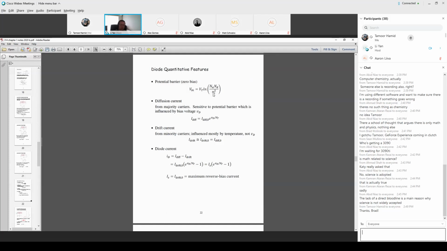This is temperature dependent. So under zero bias, you can calculate how high the potential barrier is by this formula derived by physicists.